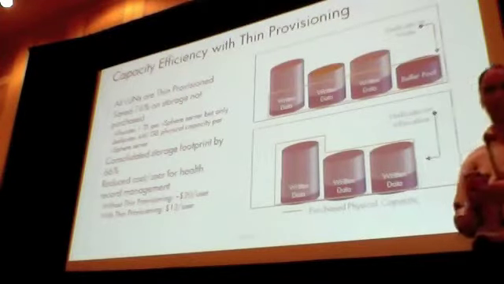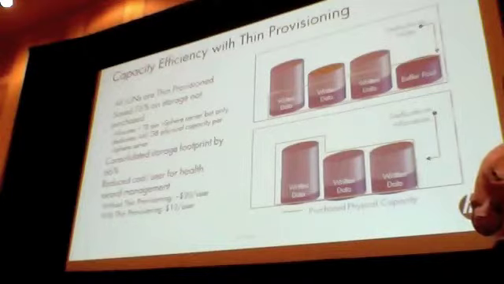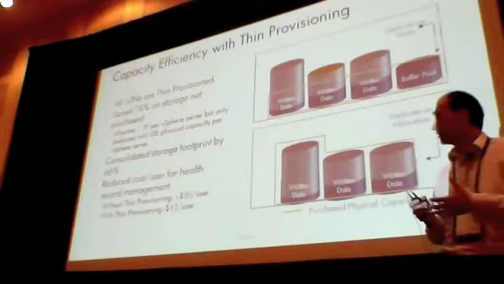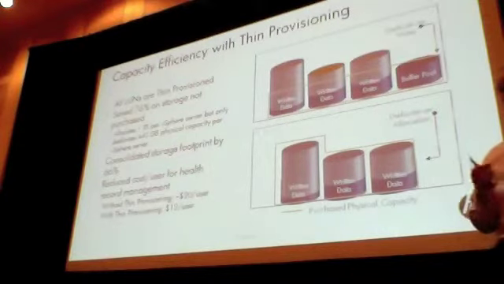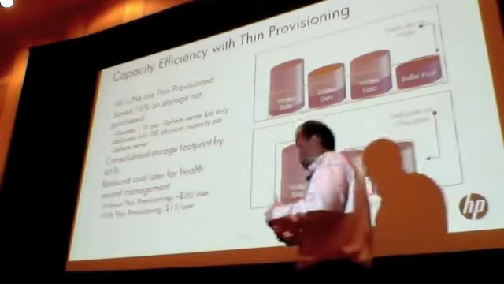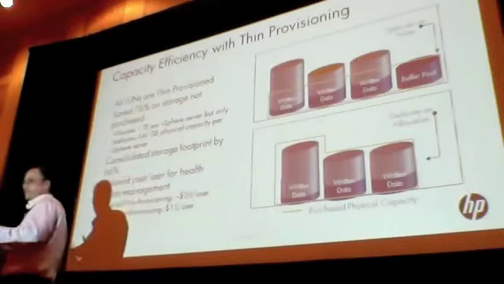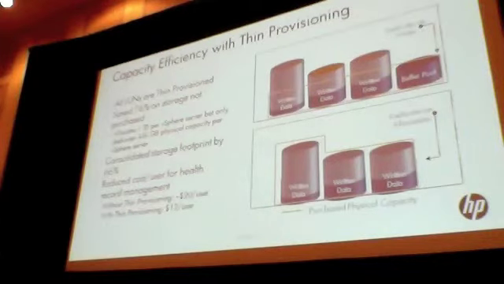One of the other things is we were pretty sure that we had a lot of allocated volumes that had no written data or had very little written data. So we wanted to find a way to save some money, and one of the ways was thin provisioning. With thin provisioning, we didn't have to allocate a terabyte of written space, actual space that was going to be dedicated for VMs.